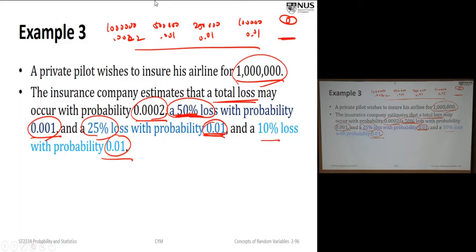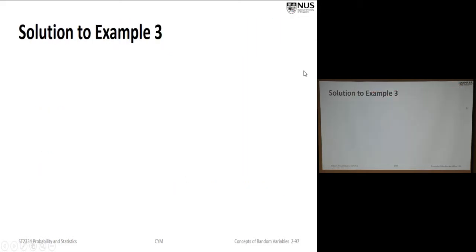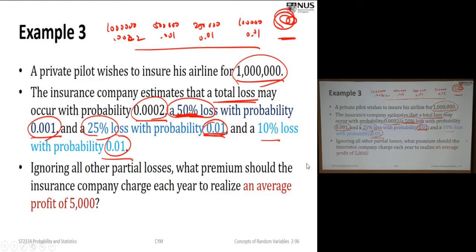The point is that there's a value 0, no loss, and we ignore all other partial losses. That means any other values are considered to have no chance to occur. But this one must occur, so you don't have to pay out any money. That is the rest of the probability.